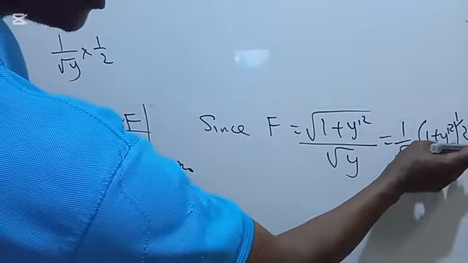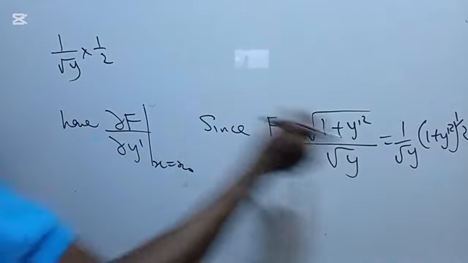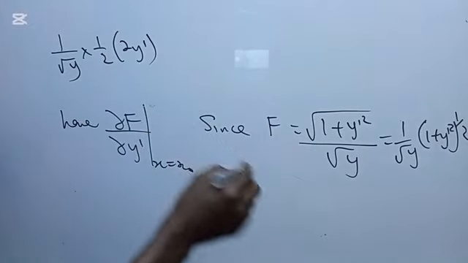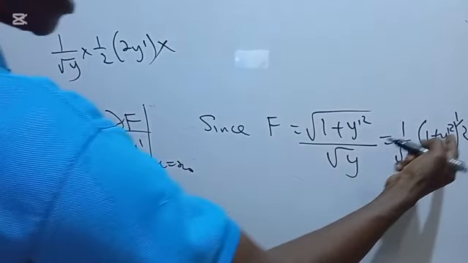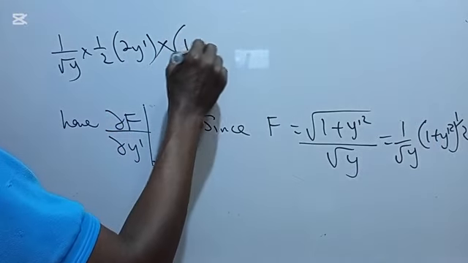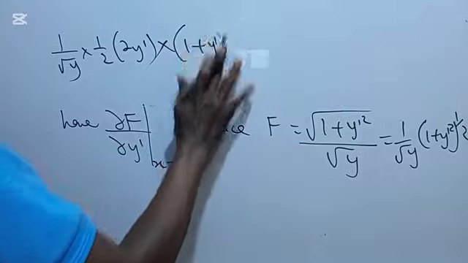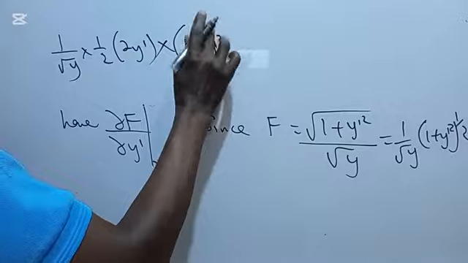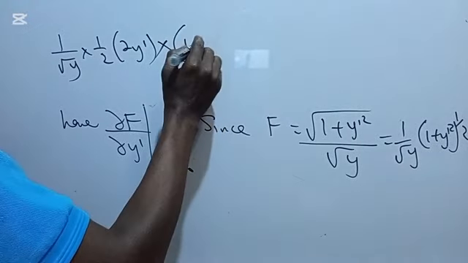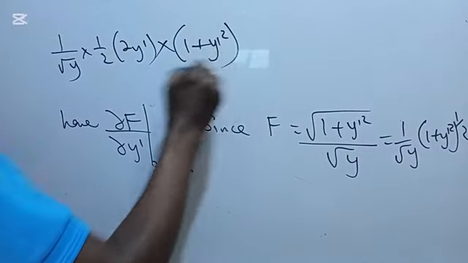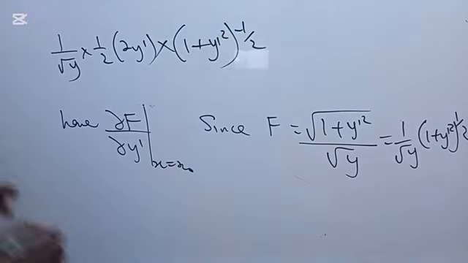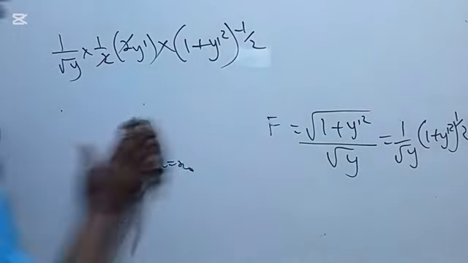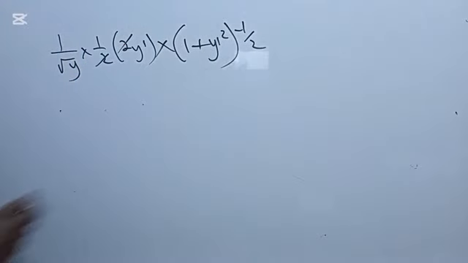Now differentiate, just like function of function, 2 y prime, good. Then multiply by 1 plus y prime squared raised to the power minus half. Sorry about that. So this will cancel this out. So let's see what it's going to give us.